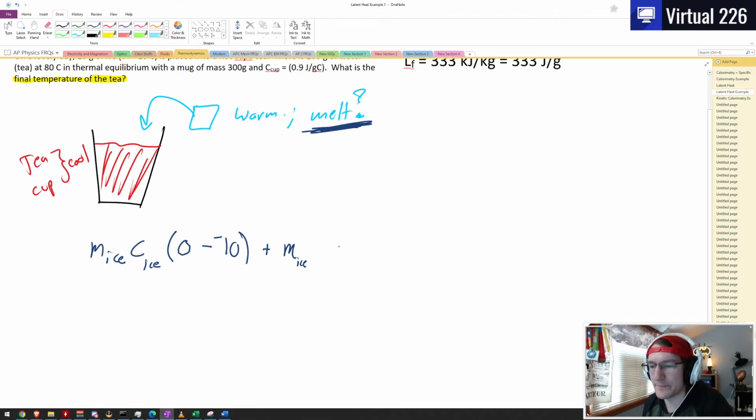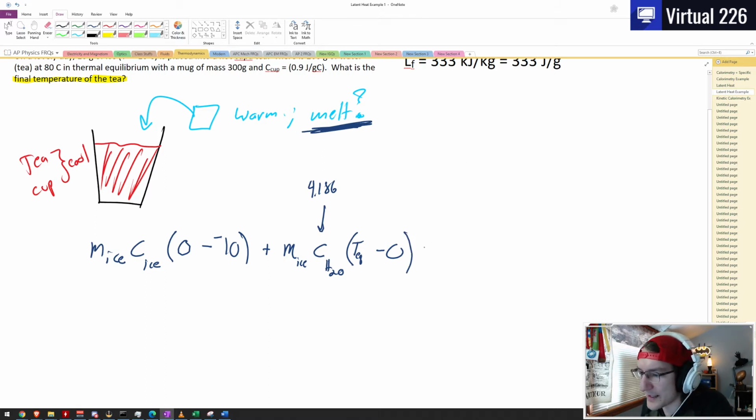It just melted, multiplied by the specific heat of water, which we know is 4.186. And then what's the initial temperature of this iced water? Well, it's 0. And then it's going to reach some final equilibrium temperature, right? Because it's cooling the tea down to something.